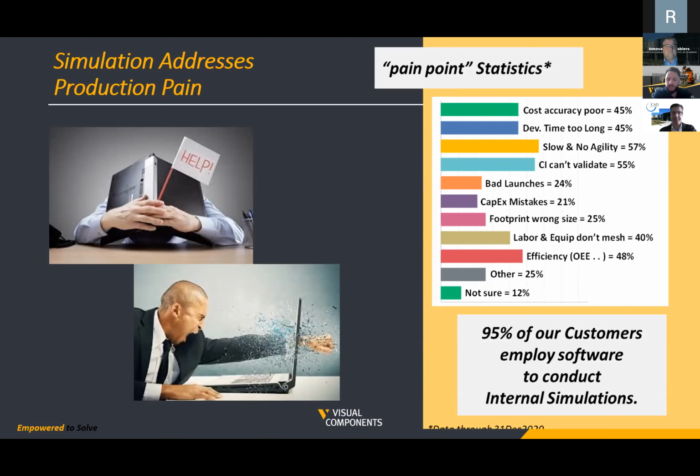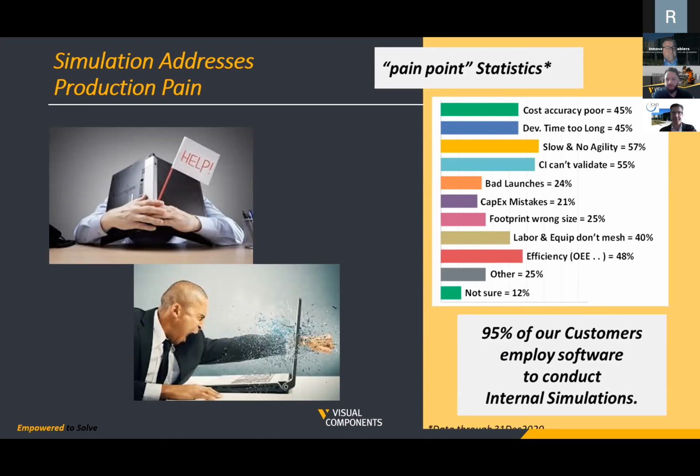And I think it's important to understand that nobody's alone. These are common issues that plague manufacturing. Most of them come down to being slow and not agile, unable to validate continuous improvement, and things taking too long.